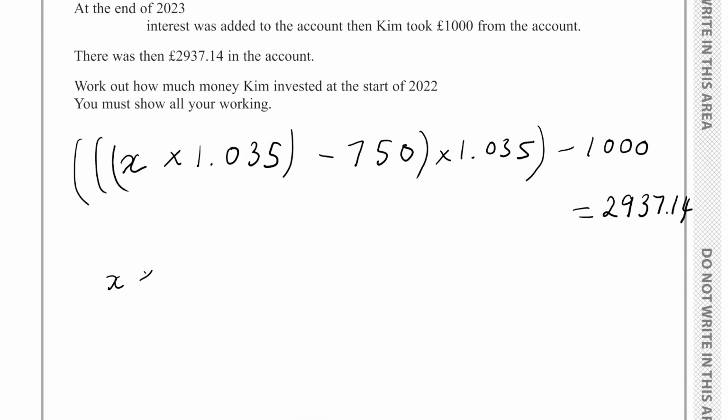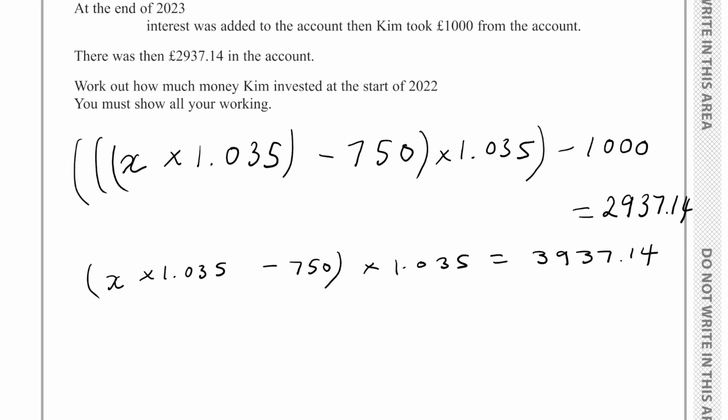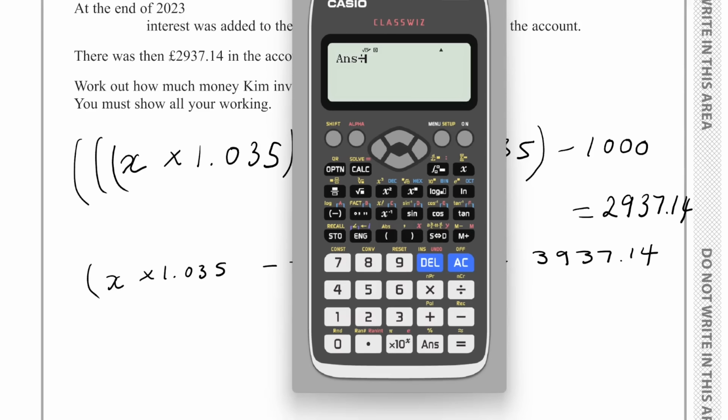So X times 1.035 minus 750, times by 1.035, is £3,937.14. So now we want to take off that 3.5%. To get rid of a times by 1.035, we divide by 1.035. So to go backwards, divide by 1.035.